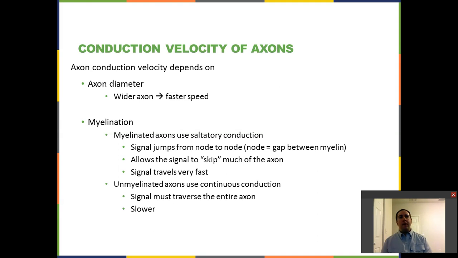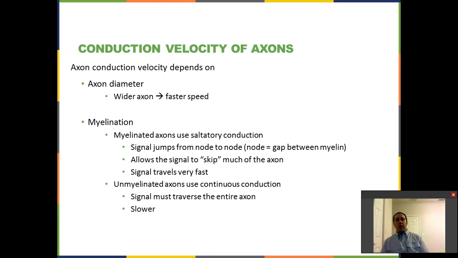Think about traffic trying to move down a wide freeway versus traffic trying to move down a one-lane road. It's going to move down the freeway much faster. Same thing applies to the axon. If we have a big axon, the action potential can move quicker than if it's a small axon.